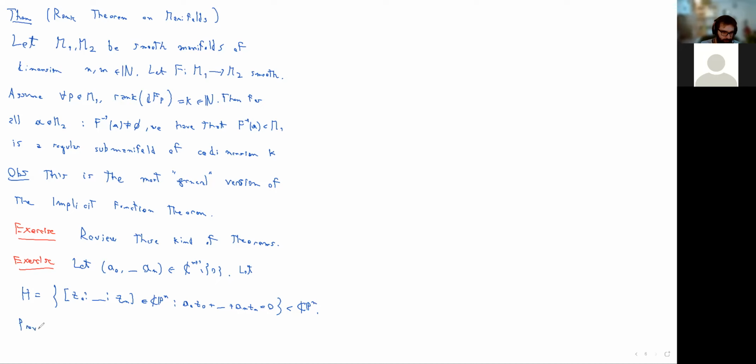And you have to prove that H is a submanifold of CP^n. Okay, so this is a more hands-on exercise. Again, it shouldn't be too hard, but it's good practice if you don't really remember these theorems.